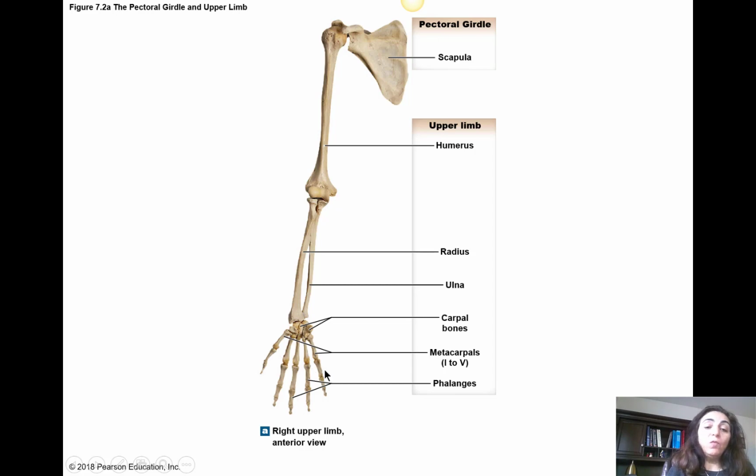So we call them the proximal row, middle row, and distal row, which is the way that we can differentiate them from each other. The thumb has only proximal and distal. The other ones have proximal, middle, and distal phalanges.